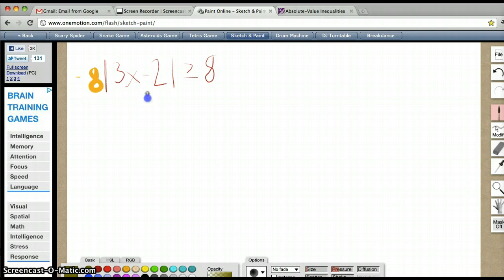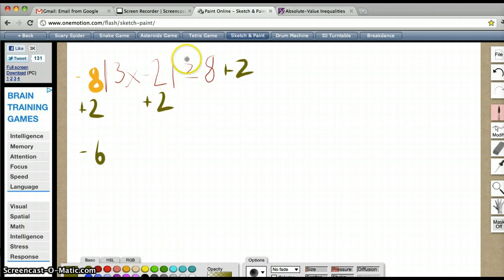So let's add 2 to both sides. So add 2, and add 2. So our new equation: a negative 8 plus 2 is going to be a negative 6.